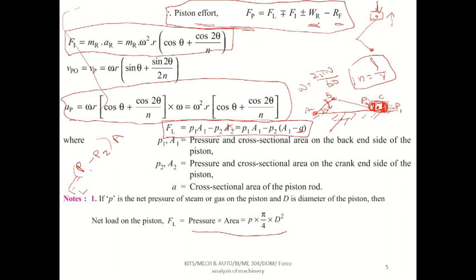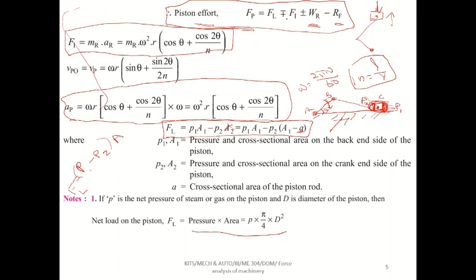Wr means weight of the piston and the connecting rod. When the piston moves in the downward direction, value is plus. When the piston moves in the upward direction, value is minus. Next, inertia force. When the piston moves in the upward direction, value is plus.